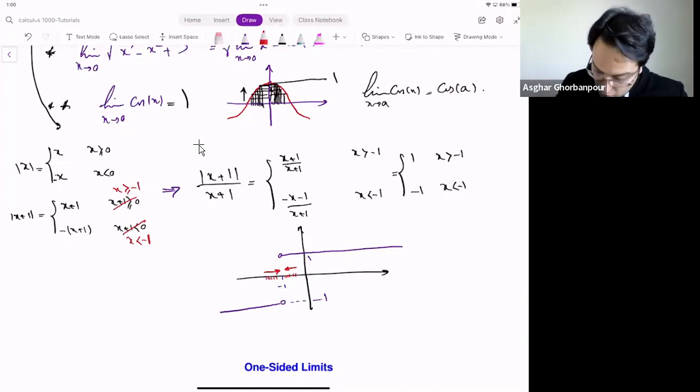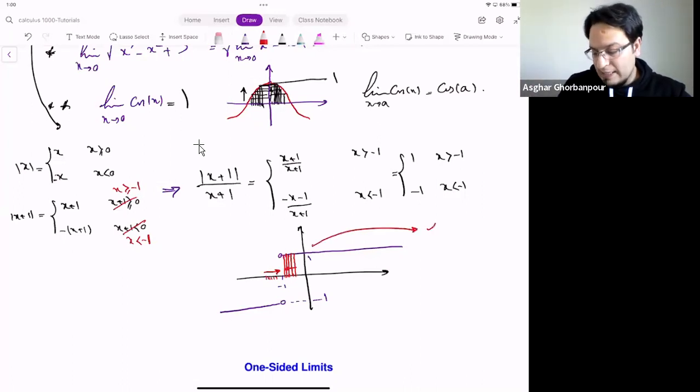If I get closer to -1 from the right, all I see is that these values are all constant 1. And that is denoted by this so-called one-sided limit.